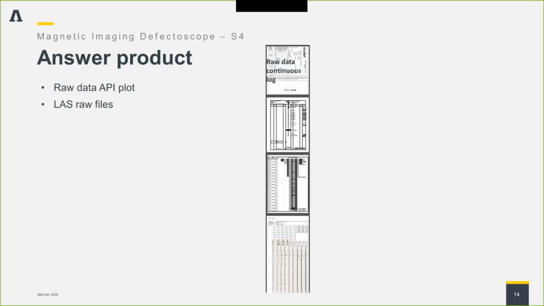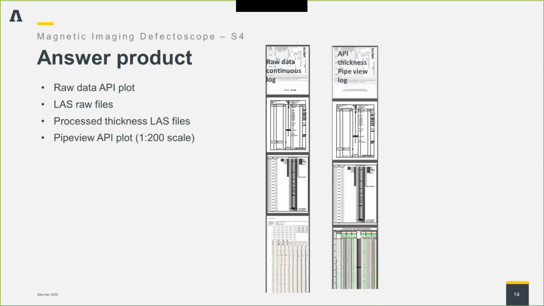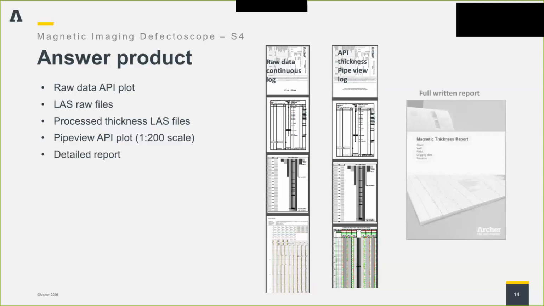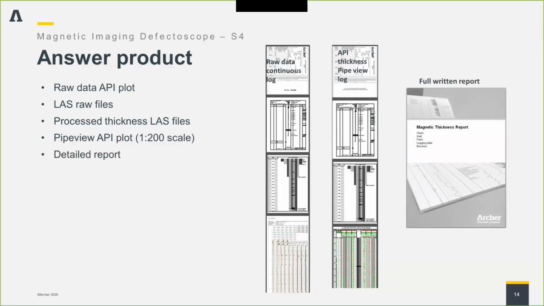Then we generate LAS raw files of the individual data curves. After we've done the processing of the thickness, we provide those curves as well. Once we have the thickness, we start to move on to some more of the analysis displays. So we have what we call pipe view, which is a graphical display of areas of metal loss or buildup. And we do a full written thickness report afterwards, where we go into things in more detail.